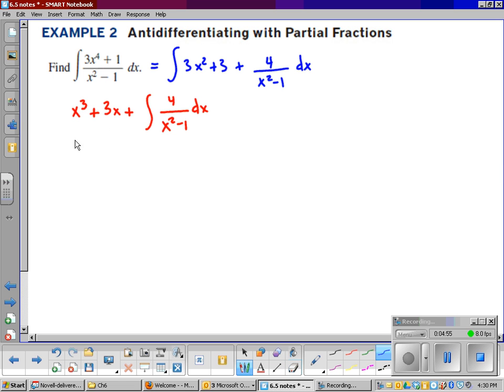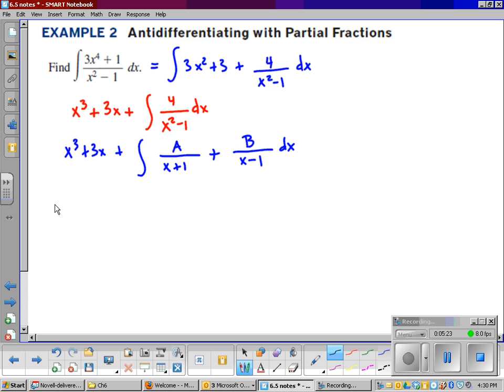So don't lose your x cubed plus 3x. I want to factor that denominator, and each of the linear factors of the denominator is going to be a denominator of your sum of fractions. So I'm going to have x plus 1 and x minus 1 because that's the difference of squares. I need some numerator for this fraction, and I need some numerator for that fraction right there.